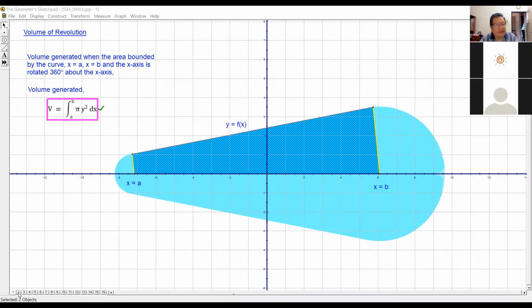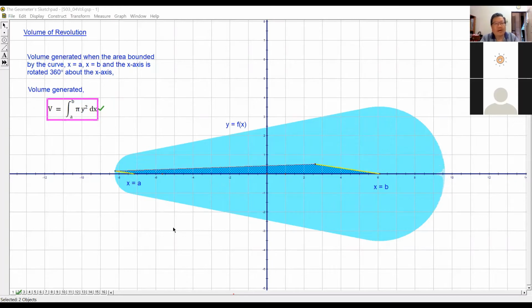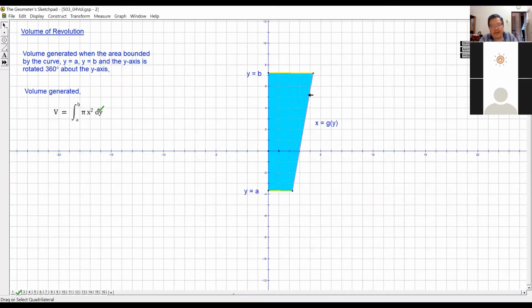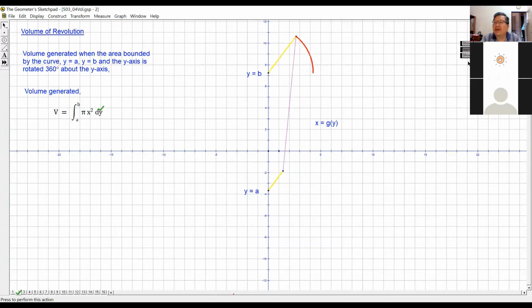Now the second type is the volume generated when the area between the curve and the y-axis is rotated 360 degrees about the y-axis.